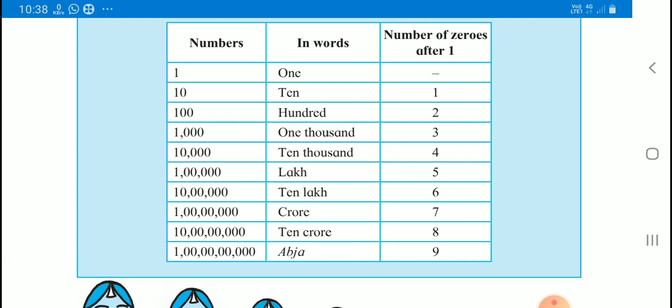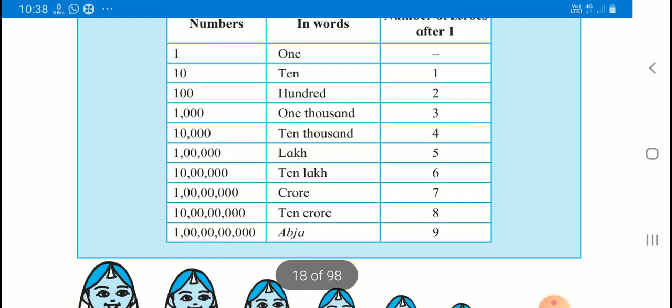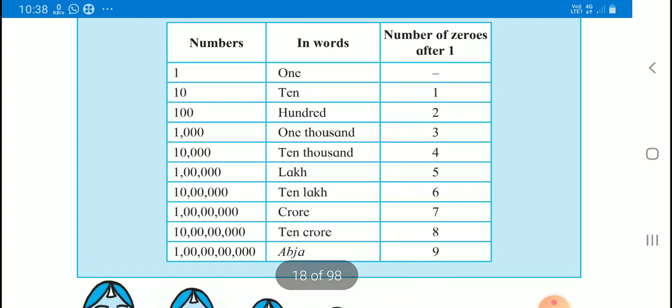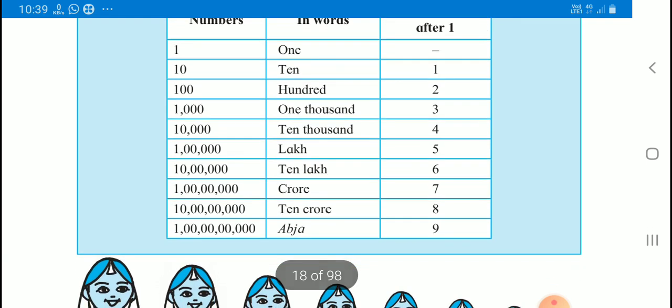Number of zeros after 1 is 1. Next is 100, in words hundred, and 2 zeros are there in 100. Next 1 and 3 zeros, that is known as 1000. 1000 contains 3 zeros.